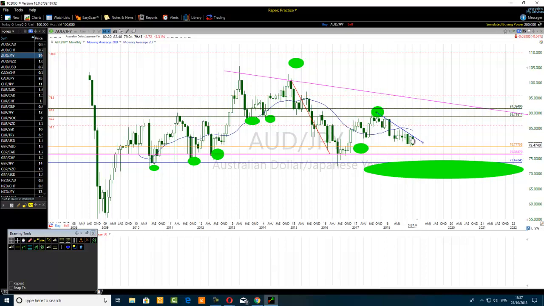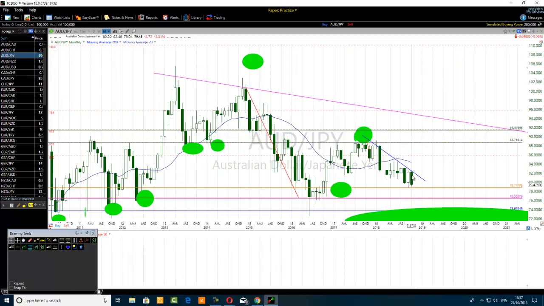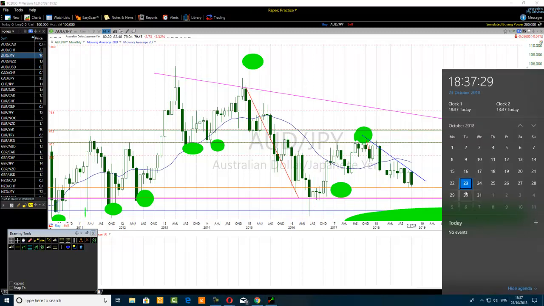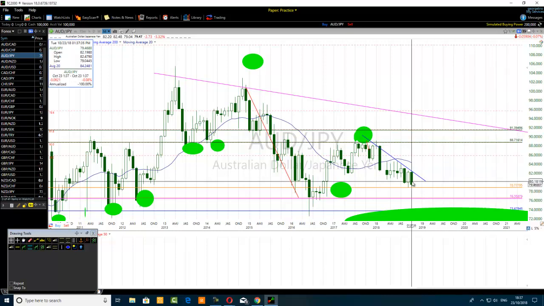But at least if you want to be an early buyer or early seller, that candlestick bar here must close first, because today is the 23rd of October 2018. So the candlestick bar must close first. At the end of the month, that's very important.